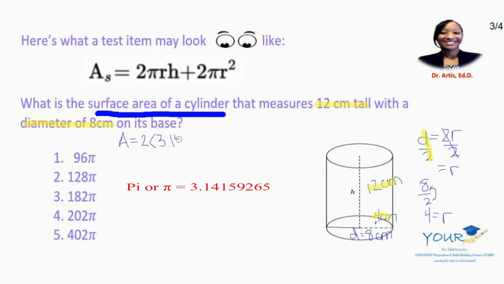It's actually more digits, but this is what we use when we round it, times the radius, which is 4, times the height, which is 12.